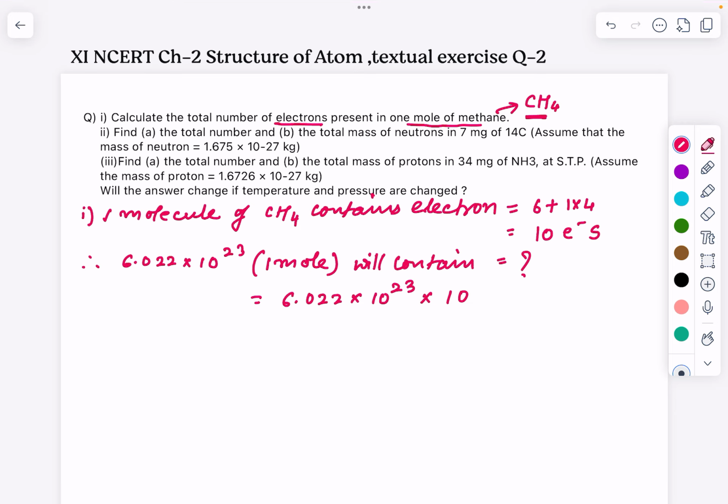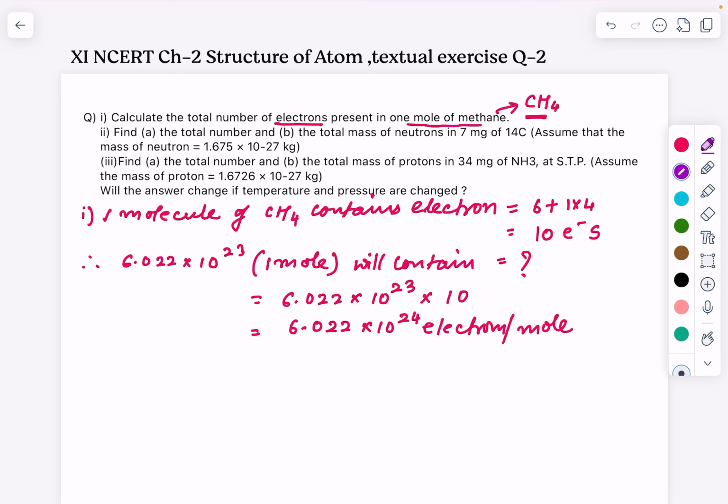So the answer you get is finally 6.022 into 10 to the power of 24 electrons per mole. That is your answer.